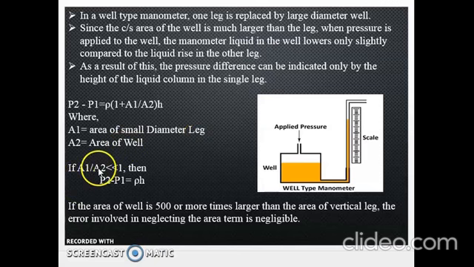If A1 upon A2 is far less than 1, then P2 minus P1 is directly equal to rho into H, so we are neglecting this term here. If the area of the well is 500 or more times larger than the area of the vertical leg, the error involved in neglecting the area term is negligible.